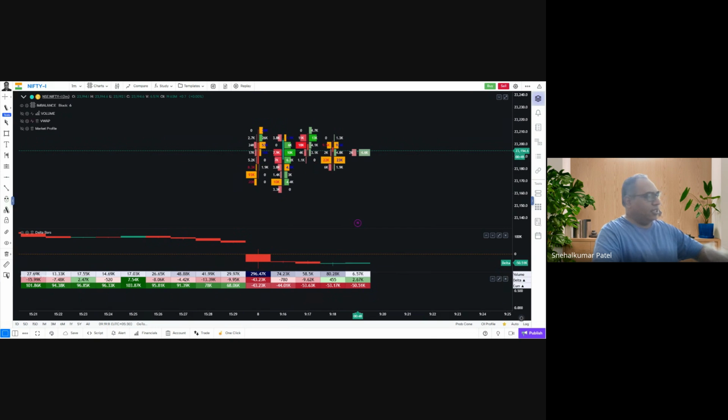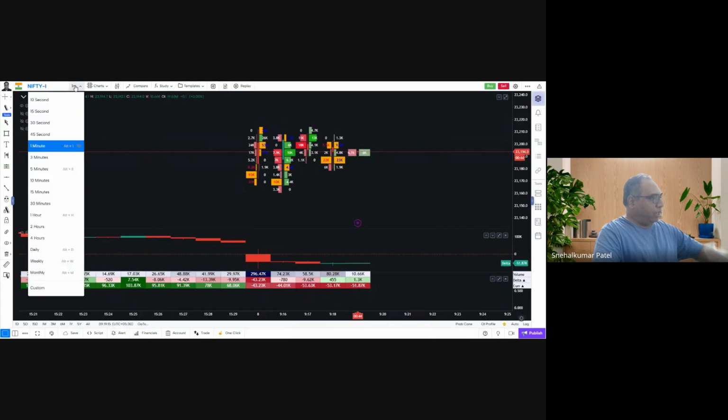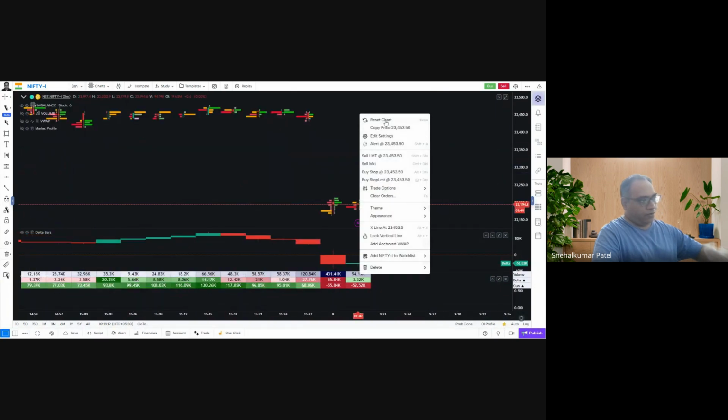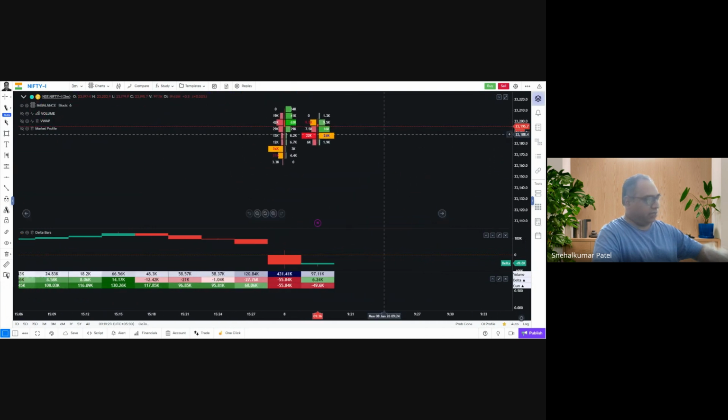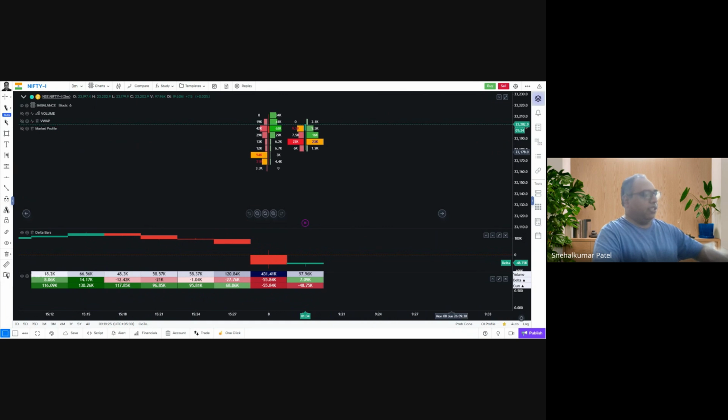Okay. We are looking at the 1-minute chart right now. I'll move again to the 3-minute chart and zoom in a bit so you can see the picture clearly. What is happening in the market right now? It's kind of sideways as of now.